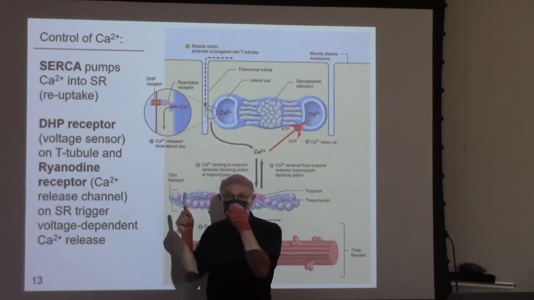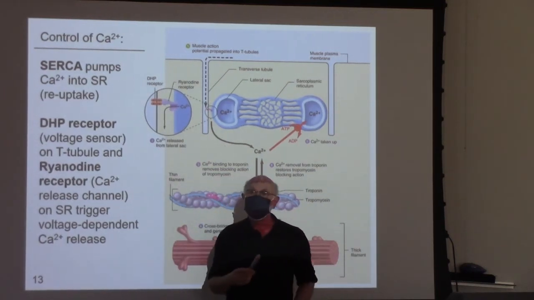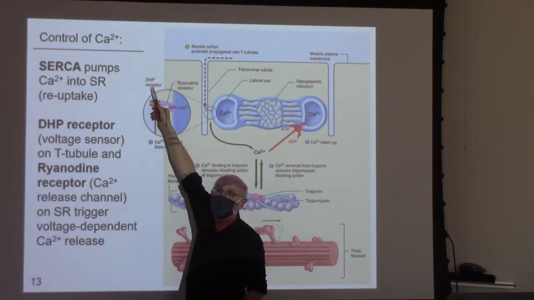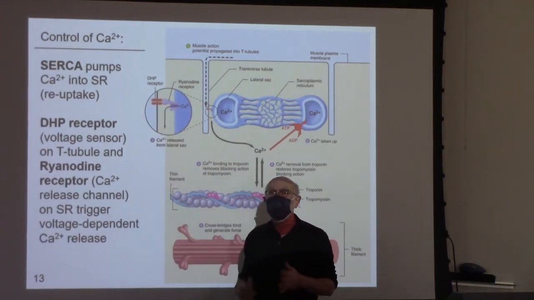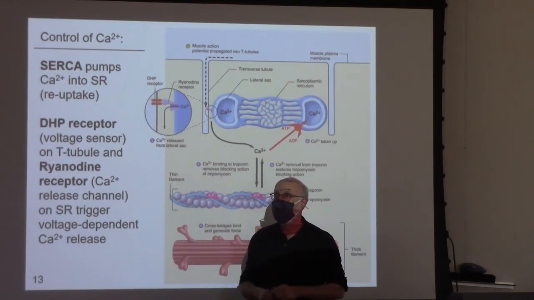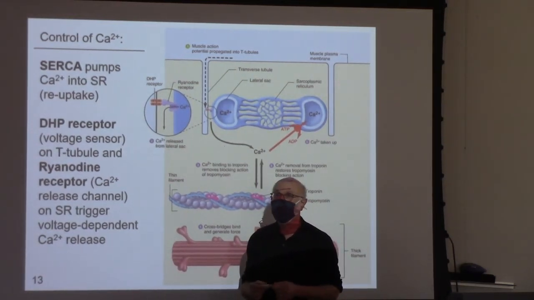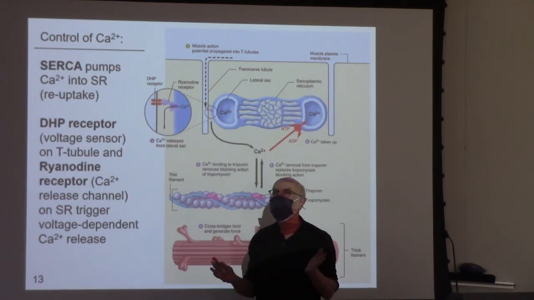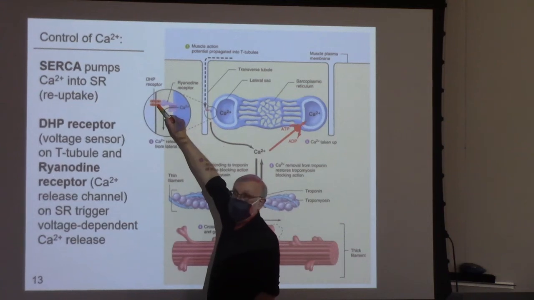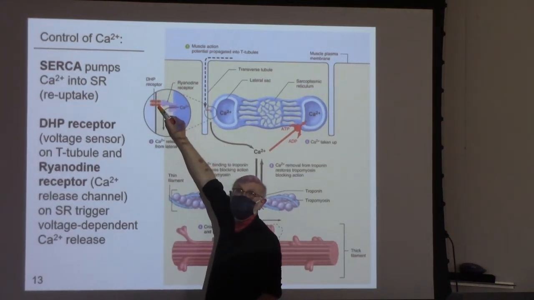DHP receptor refers to the fact that it binds a drug called DHP. So this is the pharmacological name, and the physiological name is voltage sensor. You can use either one. I will accept both. I will never require you to give me both, but you can use one or the other.